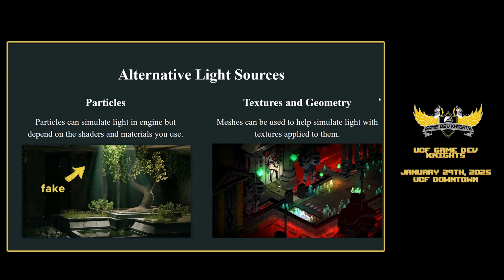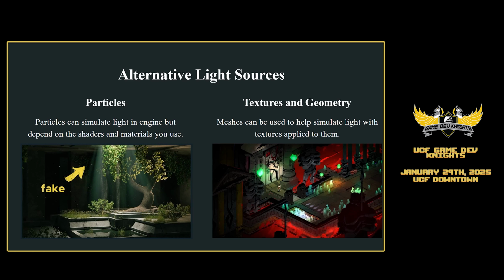So speaking of lighting, the alternative light sources that you can also do are particle effects. They're a very unique technique to use in game. For example, these God rays: URP does not by default have God rays. To fix this, all you would have to do is create a gradient texture, apply it to a mesh, and then use it in the scene, and it will simulate God rays, even though they are not actually lit.